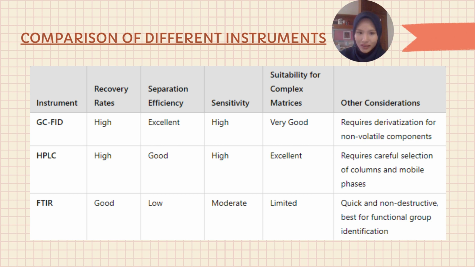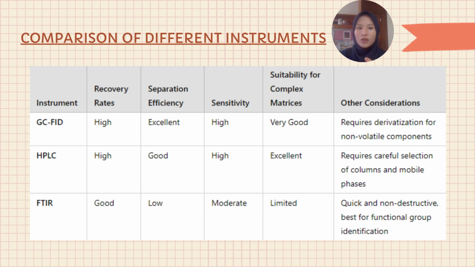The sensitivity is high, especially with UV-vis or fluorescence detection. The suitability for complex matrices is excellent, and it can handle non-volatile and thermally unstable components. Another consideration is that it requires careful selection of columns and mobile phases for optimal separation.